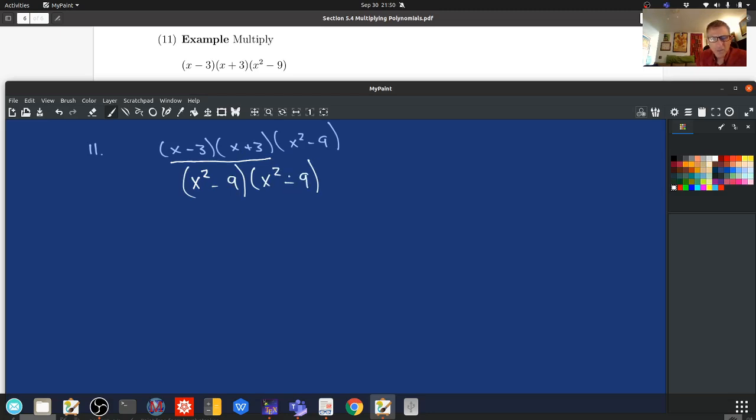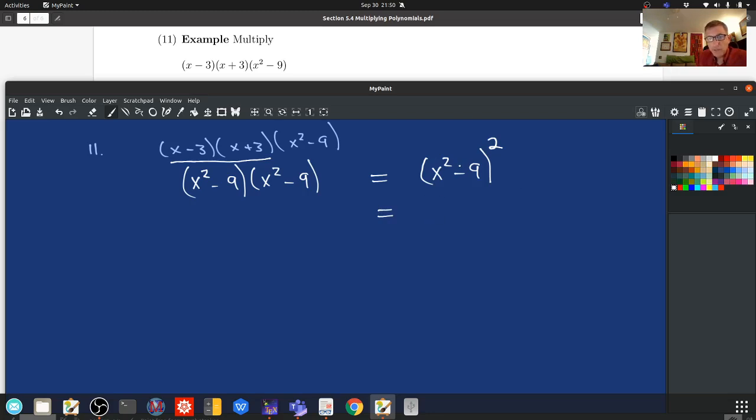Wow, if only I had a plus there, but I don't. But I remember that this is just shorthand for x squared minus 9 times itself. It's another way of writing x squared minus 9 squared. So I can use the squaring formula.